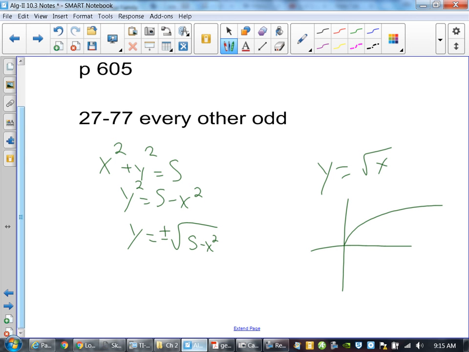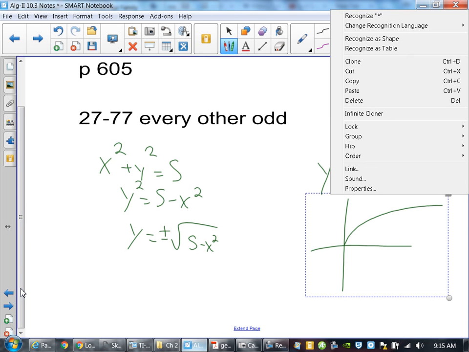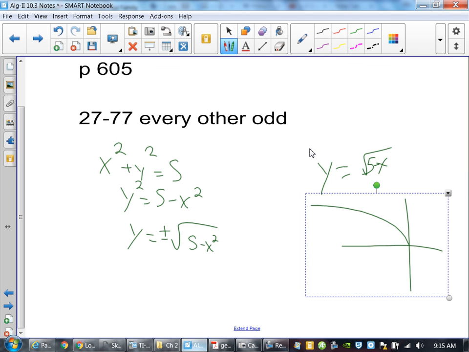But what you had was reflected that direction because it was a negative x, and you had a 5 out in front of it, which meant that this problem flipped that way, but then you moved your origin to be at 5. So what you did was you graphed the square root of 5 minus x, where your initial value on the x-axis would have been 5, because that would have been 0. Yes, ma'am.